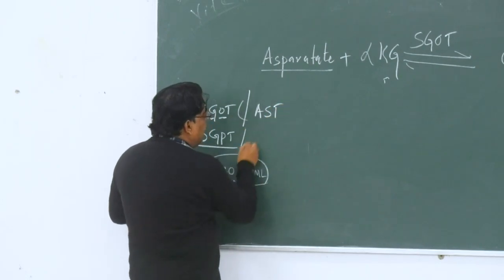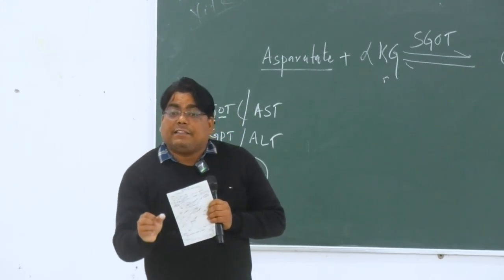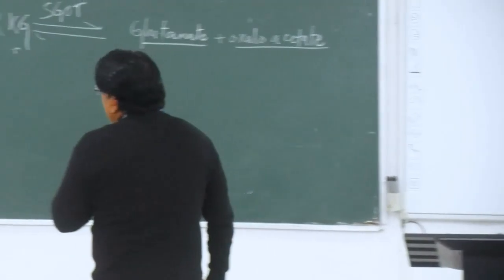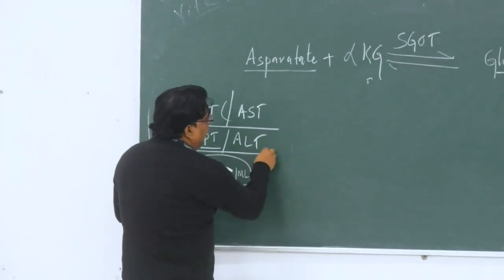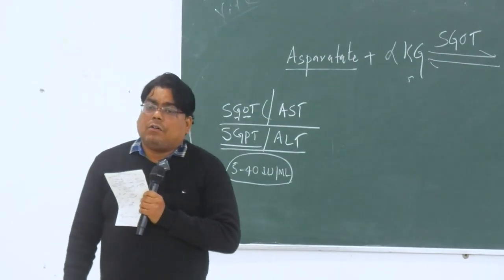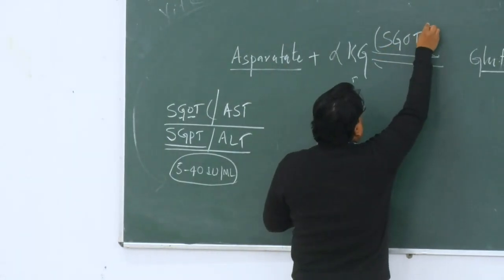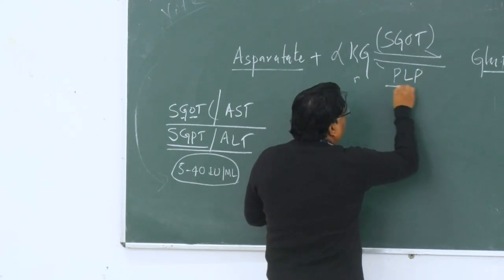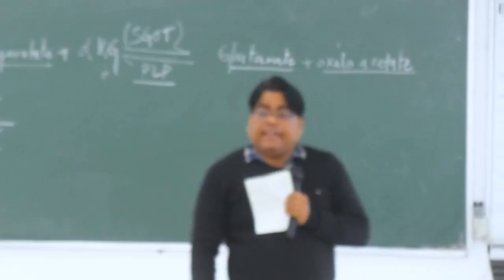The other names of these enzymes are AST and ALT: aspartate transaminase and alanine transaminase. Understand? If you remember both names of the enzymes, you easily understand what transaminases are. And these enzymes, serum glutamate oxaloacetate transaminase, depend on PLP, vitamin B6, for these reactions.